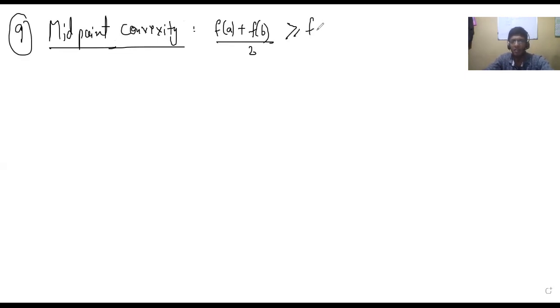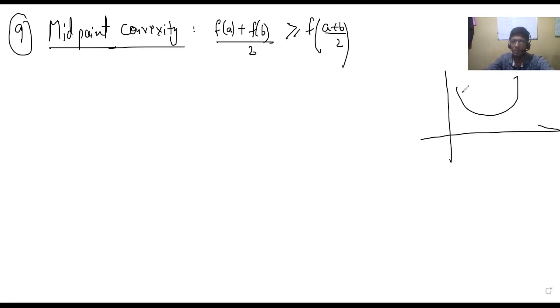So it's like a weaker version of convexity that we are given: given any two points a and b in the domain, if you take the midpoint, the average of the values at the endpoints is at least the value at the average.